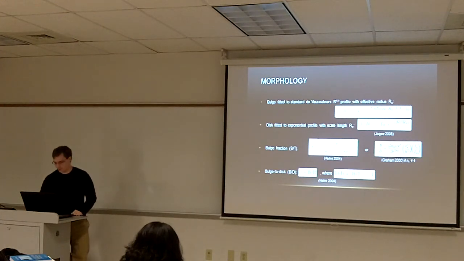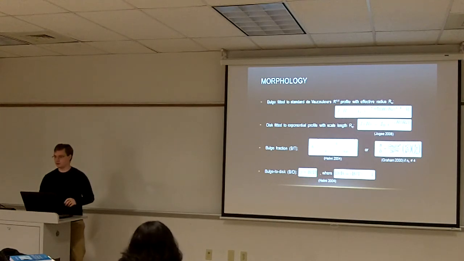A lot of the constants and factors turn into 0.28 once you go from B to D to B to T. And if you look lower, B to T is just the inverse minus 1, so you think about it: the bulge to total plus the disk to total should equal 1. So that's an easy way to go between bulge to disk, bulge to total, or disk to total.